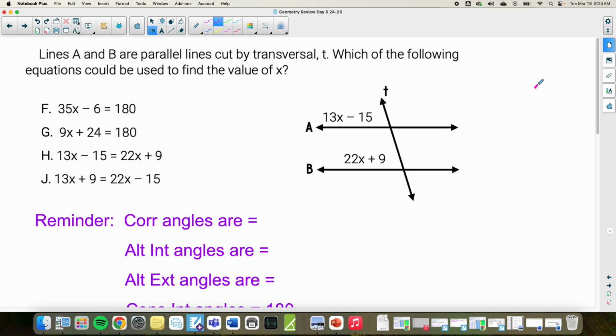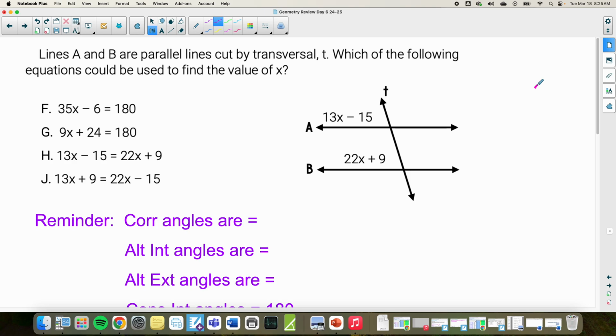This one here is a question that I found from a prior MCA test. What kind of angles are those? Corresponding. And what did we learn about corresponding? They're equal.